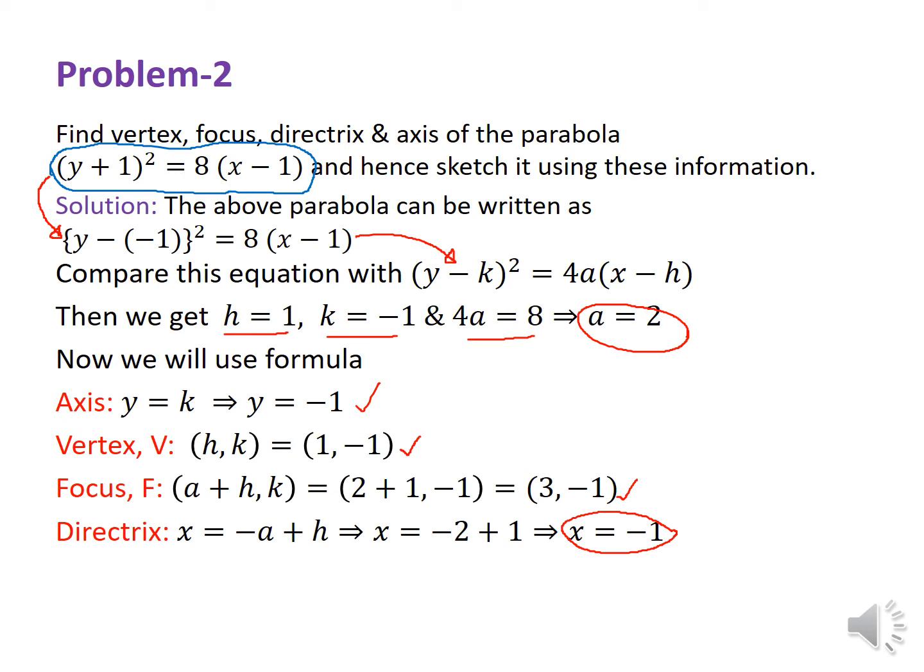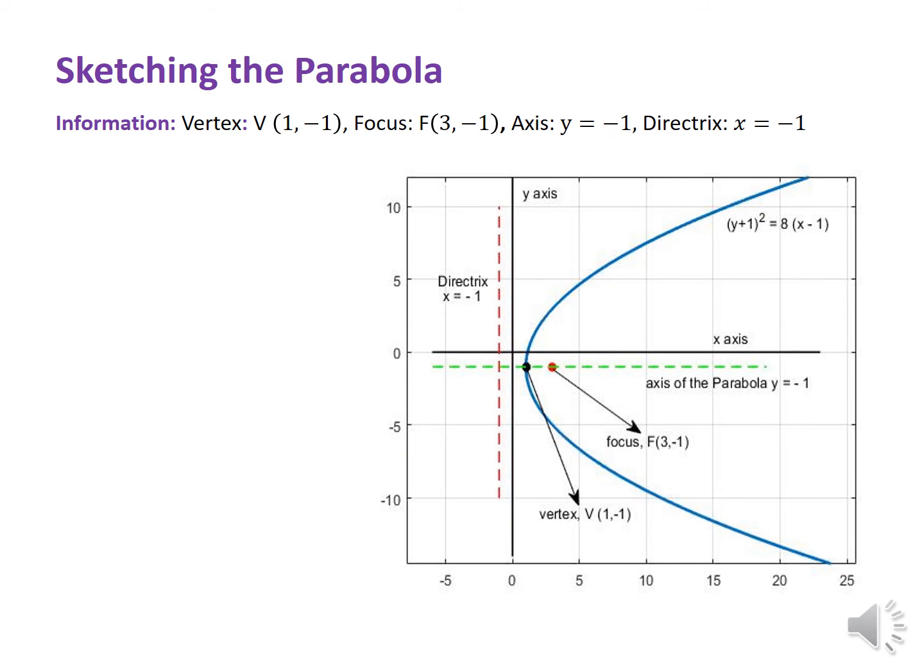Using this information, look here: we have the vertex, this focus, this axis y is equal to negative 1, and directrix x is equal to negative 1. If we want to sketch this parabola, first the y axis and then the x axis. This is our x axis, this is the y axis.